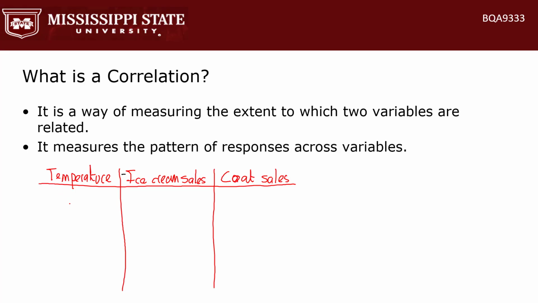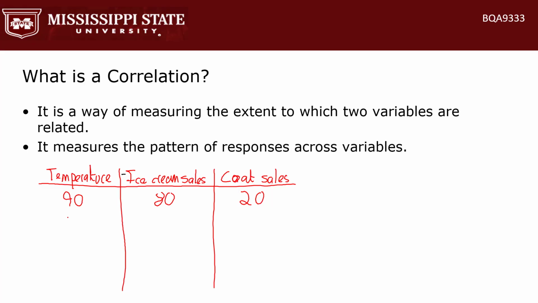Generally, if we have a day with higher temperature, say a 90-degree day, and ice cream sales, let's just say on an arbitrary scale between 0 and 100, we're probably going to have high ice cream sales, and people aren't really worried about winter coats, so that's going to be low.